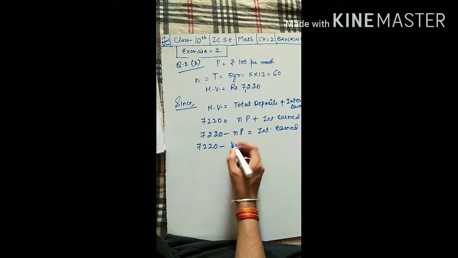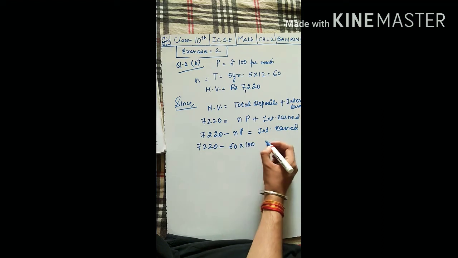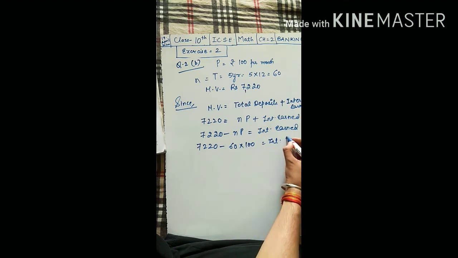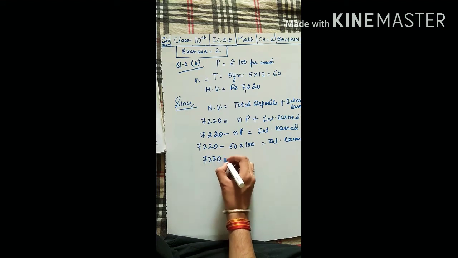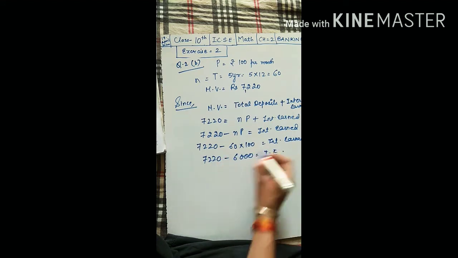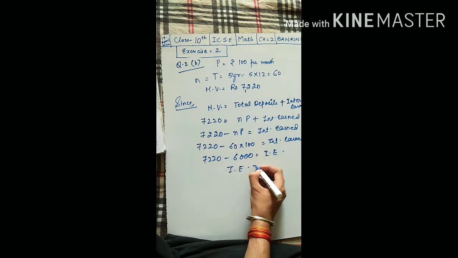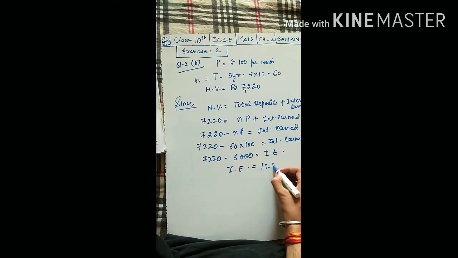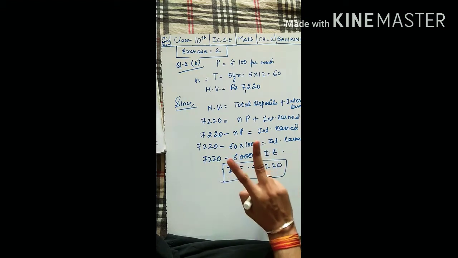np, n is 60 and p is 100. 7,220 minus 6,000 is the interest earned. So how much interest did she earn? That is 1,220. So this is the answer of the second point.